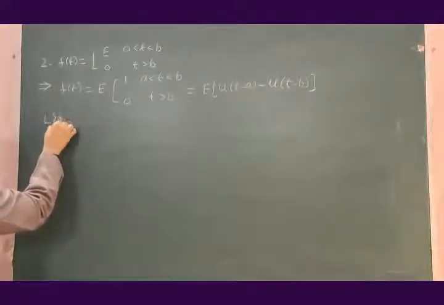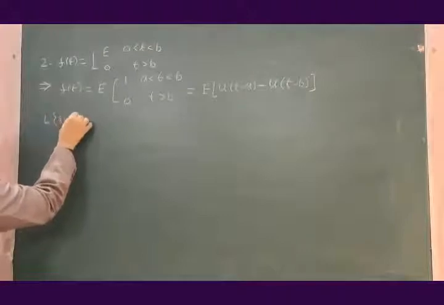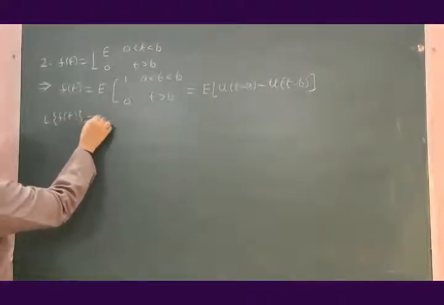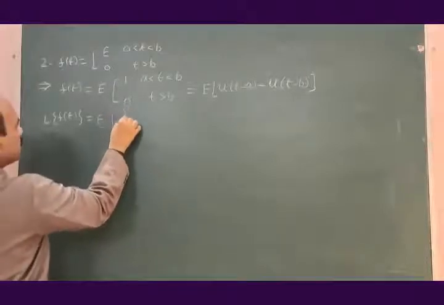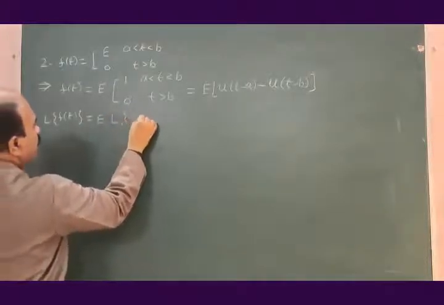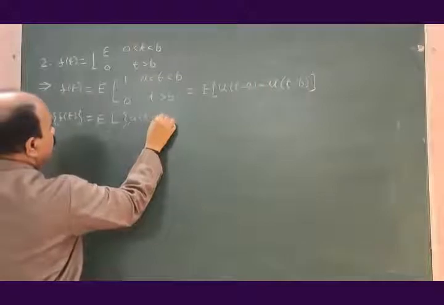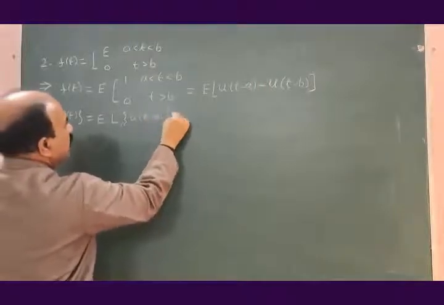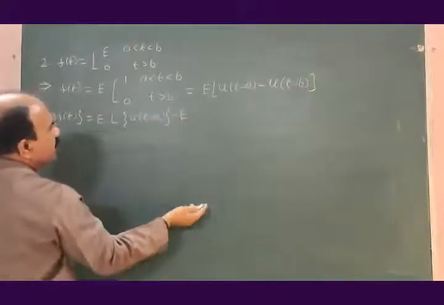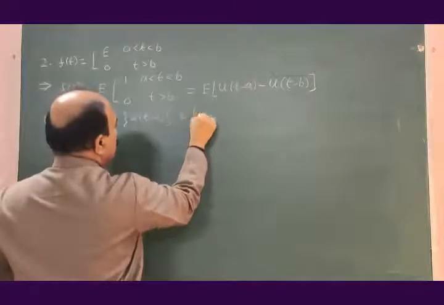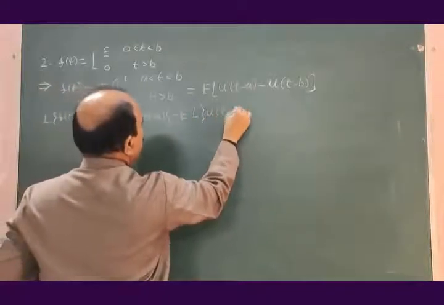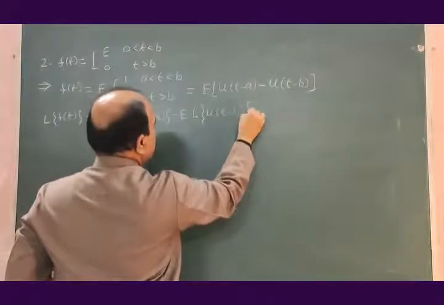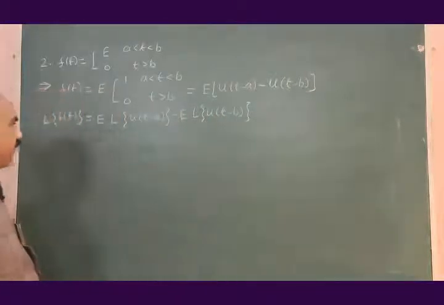This is further the Laplace transform of f of t, which is equal to e into Laplace transform of u of t minus a minus e into Laplace transform of u of t minus b.